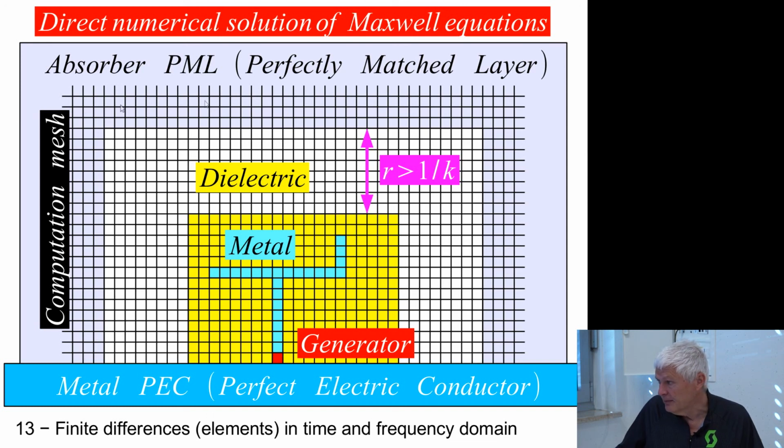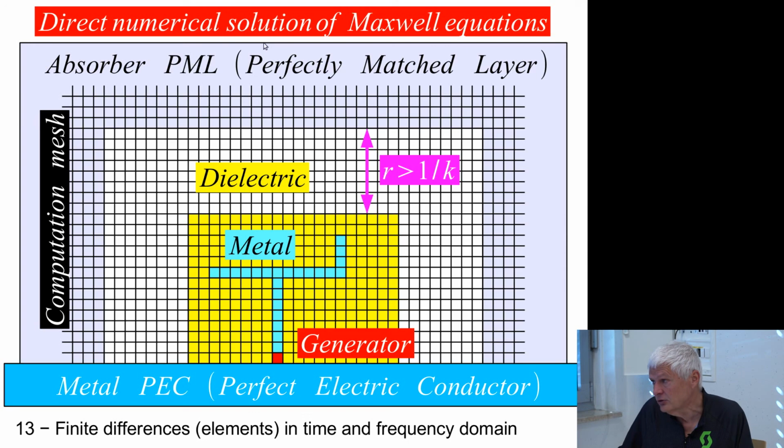If we put absorber here, and we can simulate absorber simply, we put the numbers of an absorber, we put conductivity in the Maxwell equations, non-zero conductivity, and we have enough layers of this absorber, the field may decay down to 0. So this computation mesh is sufficient that it extends a finite distance into the absorber to have the field decay to 0, and then we can calculate this thing without having to go with our systems of equations out to infinity. So using finite differences, finite elements, it's very necessary now to confine our problem to finite dimensions.